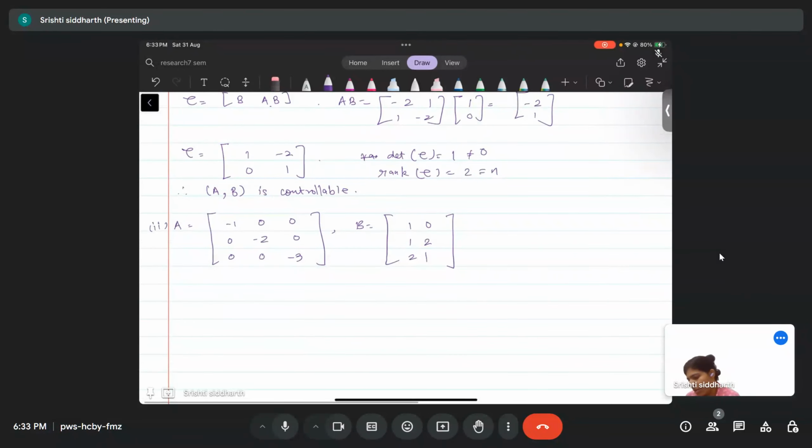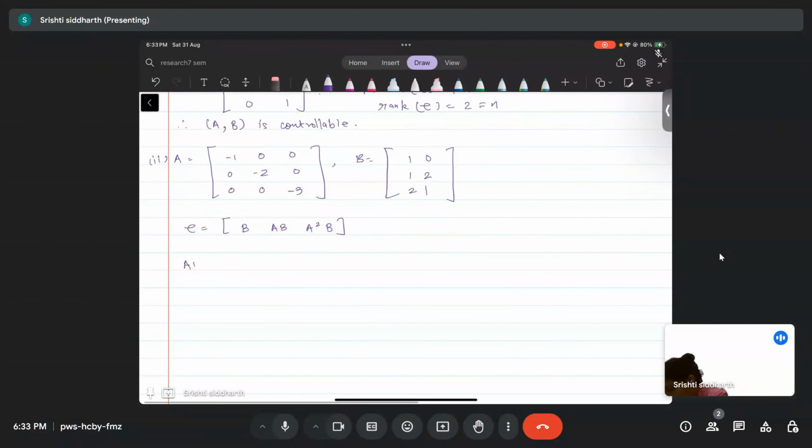Okay. So the controllability matrix is going to look like B, AB, and A squared B. So let's find these out. AB is going to be, check the dimensions first.